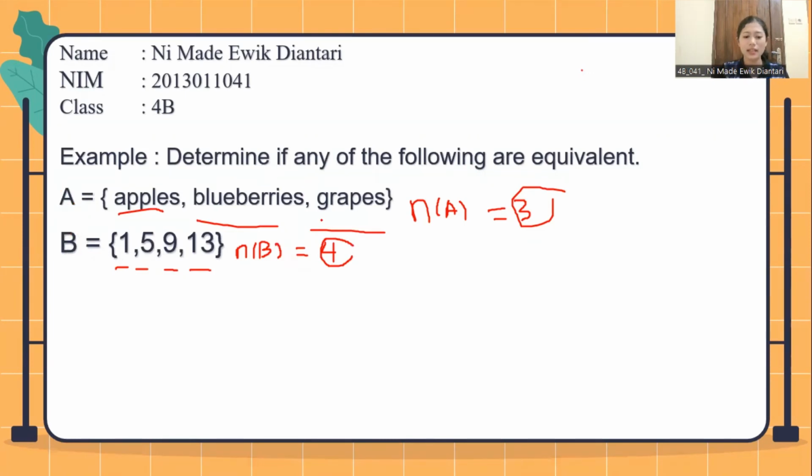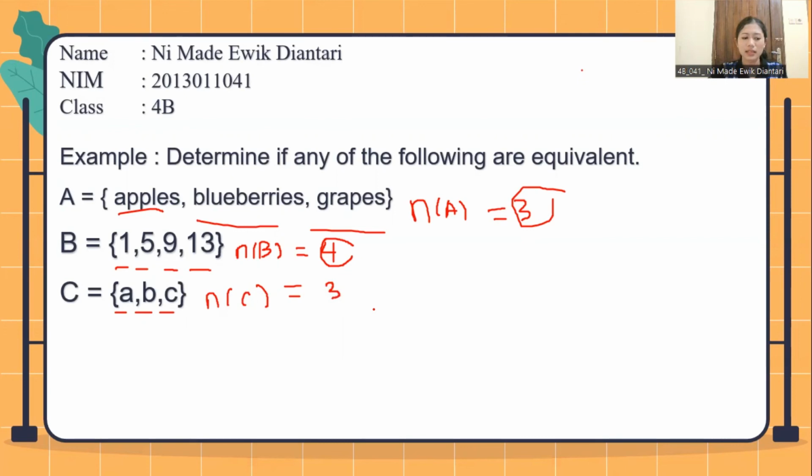And then the last one, set C, which contains the elements A, B, C. So the cardinal number of set C is equal to 3.